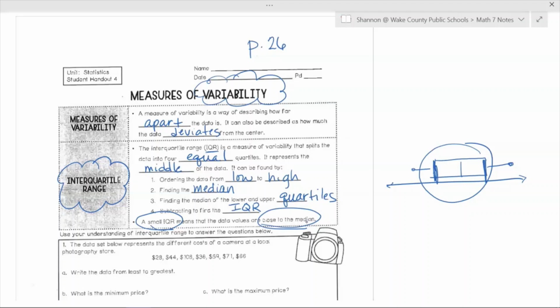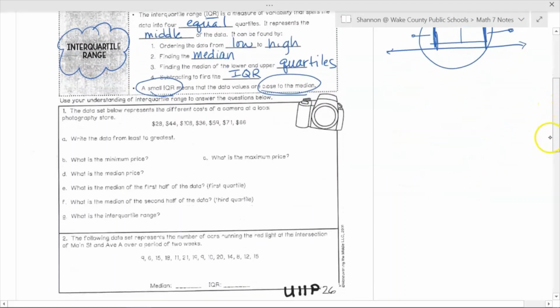So let's try this out. The data below represents a different cost of a camera at a local photography store. So first you're going to put your data in order from low to high.